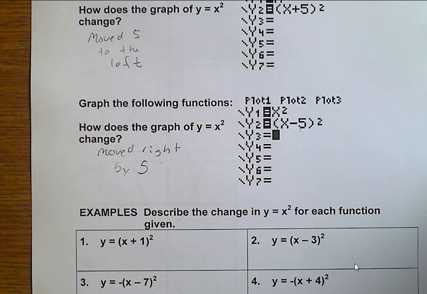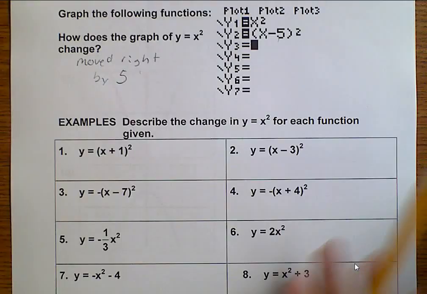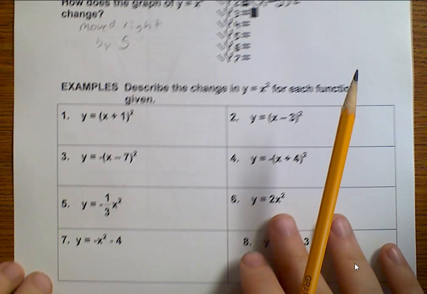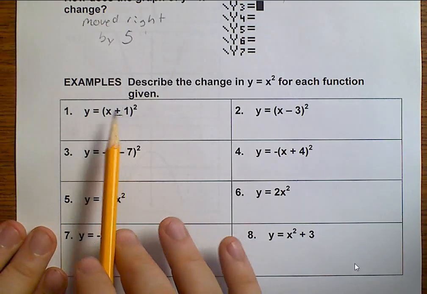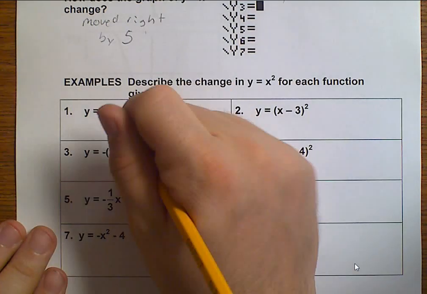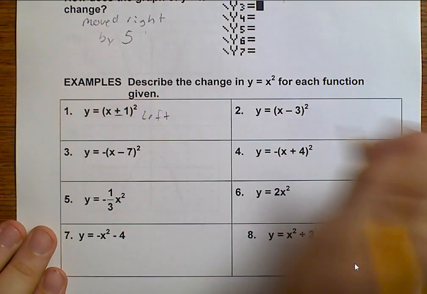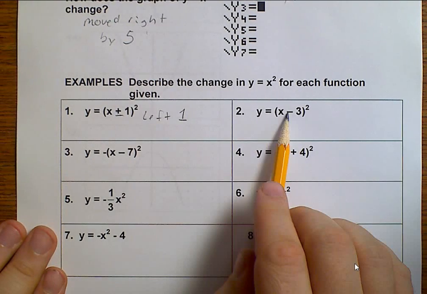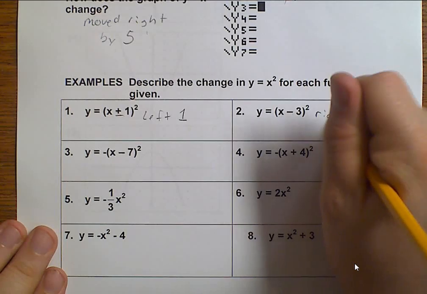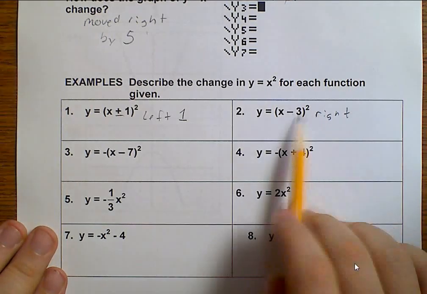So let's go ahead and review. X plus 1, well, plus means that we're moving to the left. And we're moving to the left by 1. Minus 3, minus means that we're moving to the right. And we're moving to the right by 3.